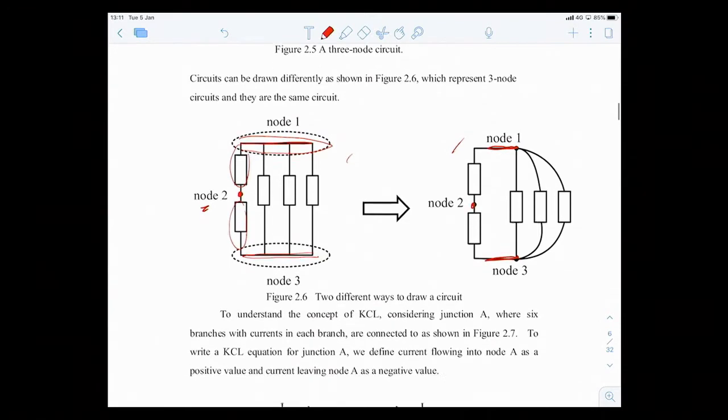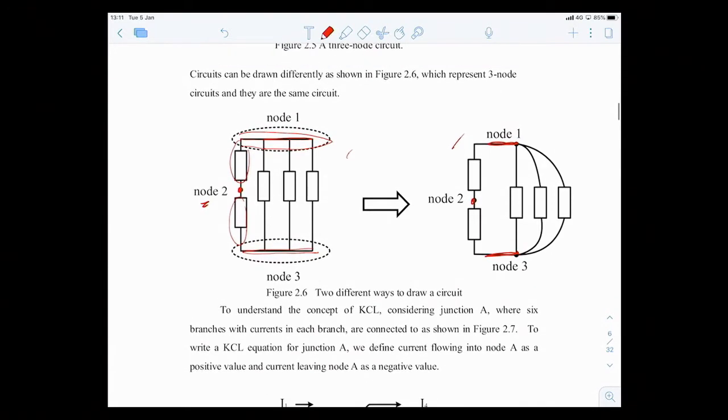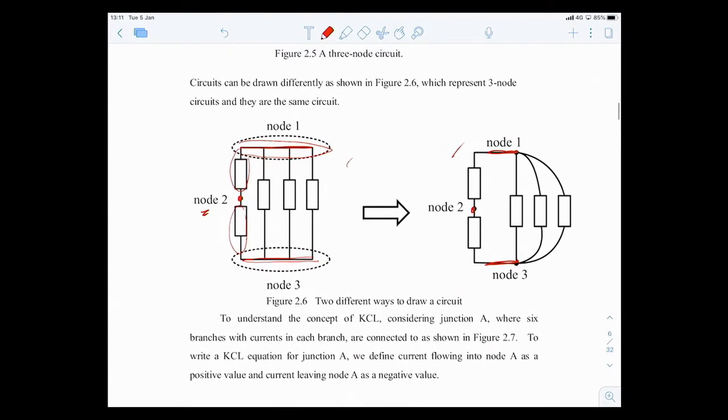Now, to write down KCL, we must have the current going in and out of the node. To make it easier to understand, I always tell my students to imagine that the node you are going to write a KCL for is your pocket, and the current represents your money.